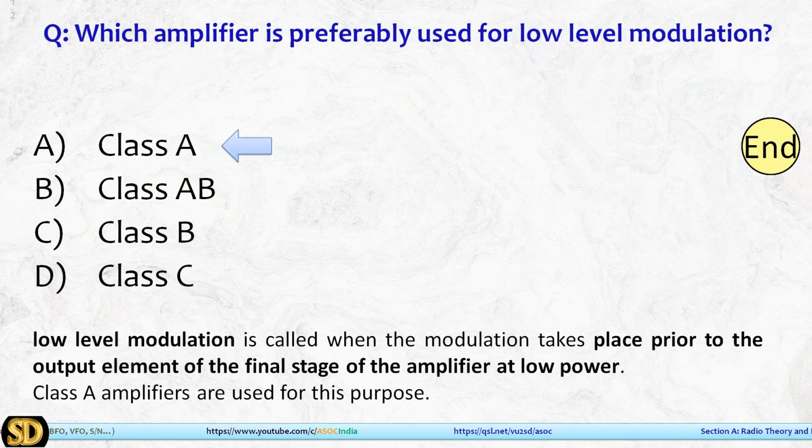Low level modulation is called when the modulation takes place prior to the output element of the final stage of the amplifier, at low power or pre-amplifier stages. It is preferred to use a class A amplifier to avoid distortions. Efficiency is not important. Important is quality in pre-stages. Efficiency comes in later parts.